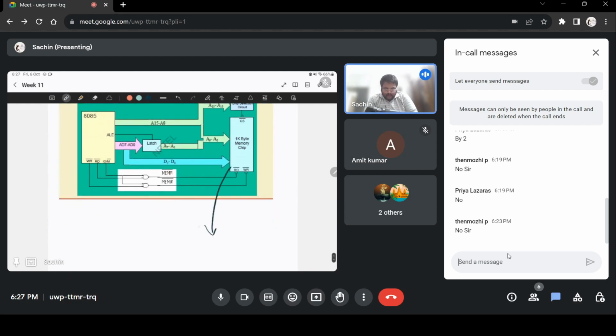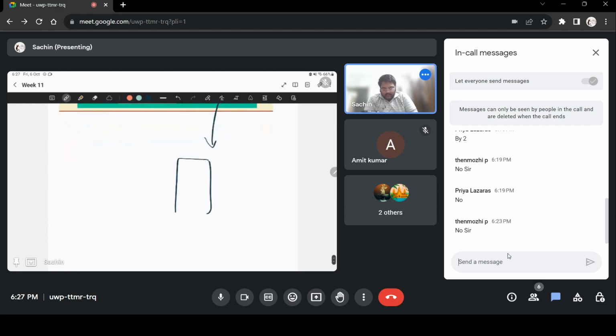So this thing has multiple blocks like this, and each of these has a set of registers.